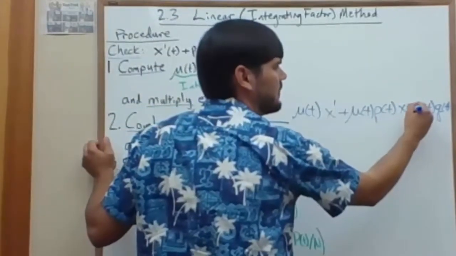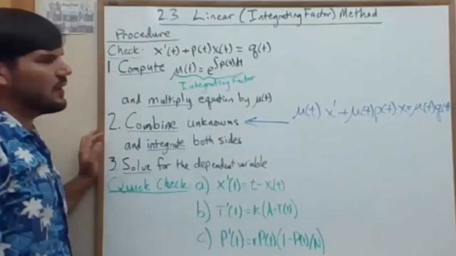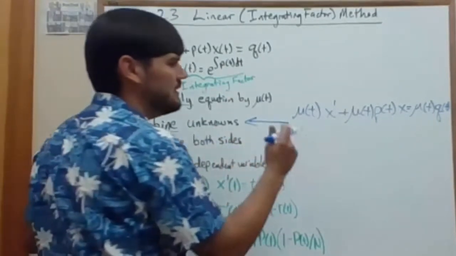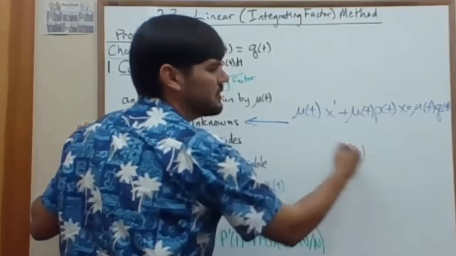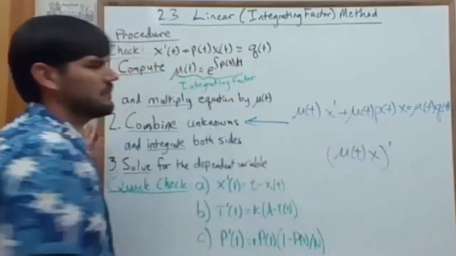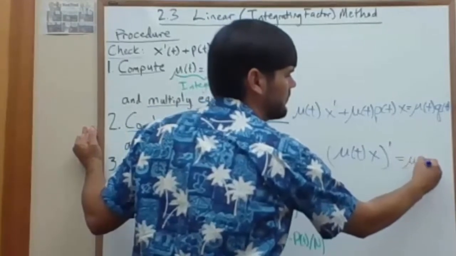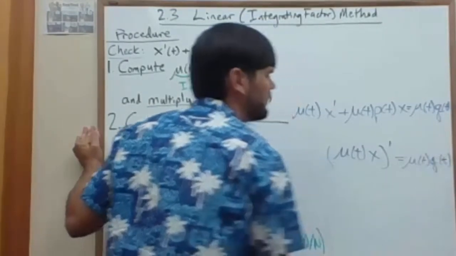There it is. Okay. So, to use a reverse product rule, we want to combine the left-hand side into mu of t, the integrating factor, times x, prime. So that's what we want to get out. On the right-hand side, we'll leave it alone. Mu of t, q of t.